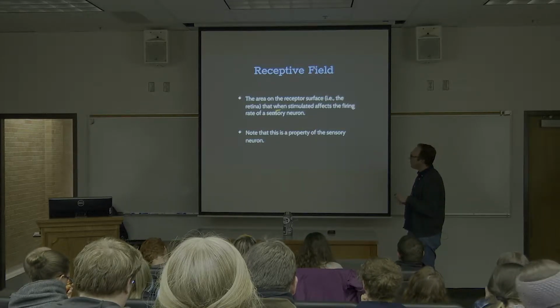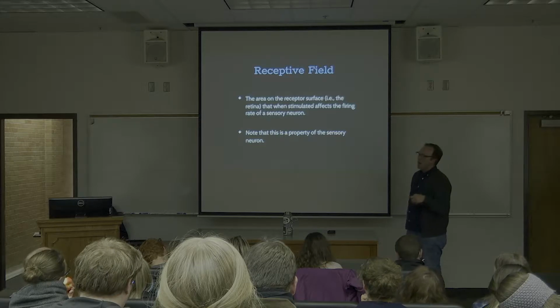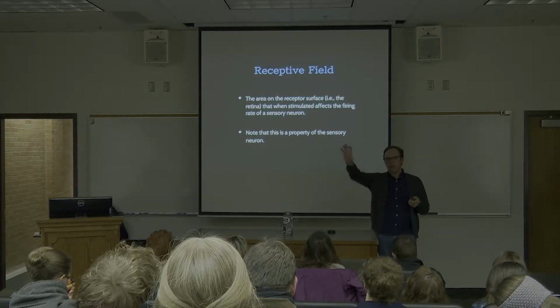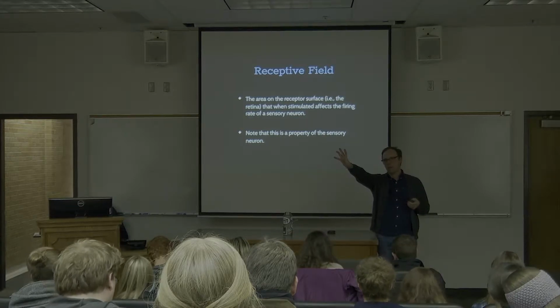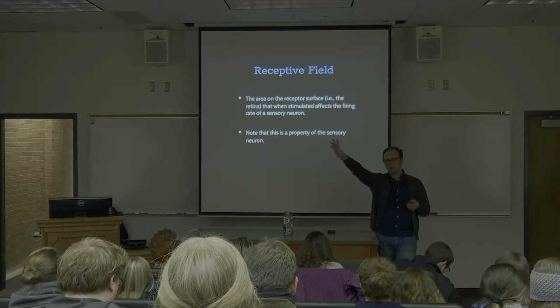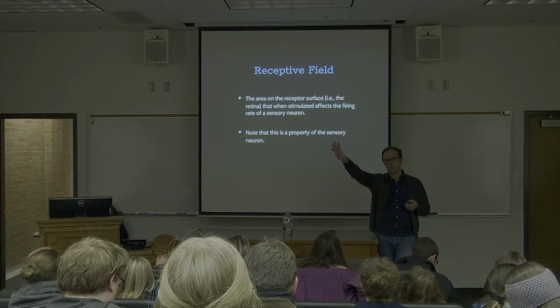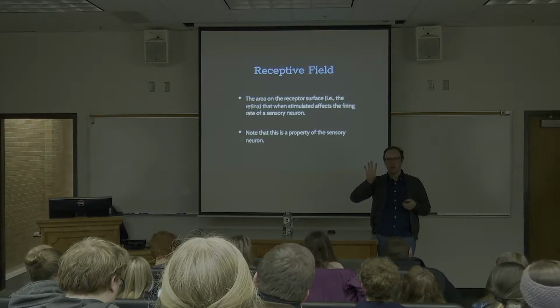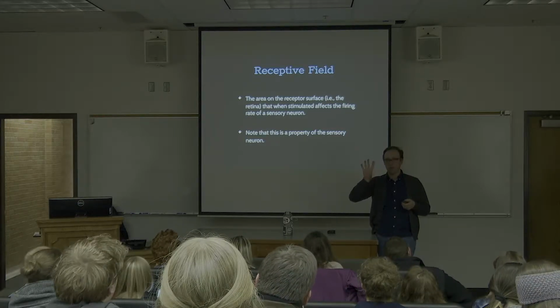So it's a property of the sensory neuron. Think about it as the area on the retina, which corresponds to an area out there in space in the visual field, right? So if there's a stimulus in that part of the visual field, this retinal ganglion cell will increase its firing rate, right?